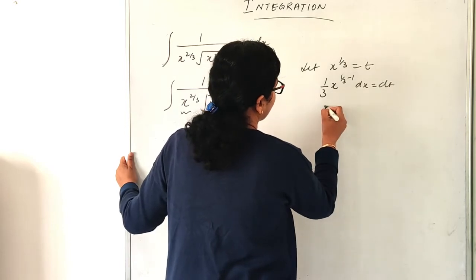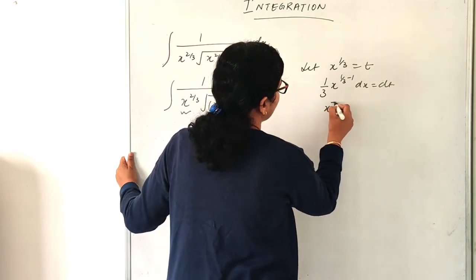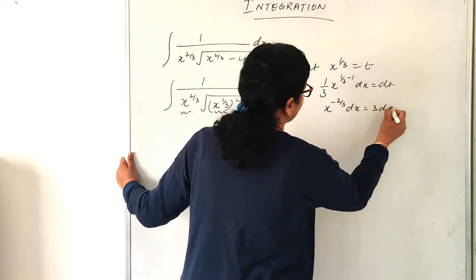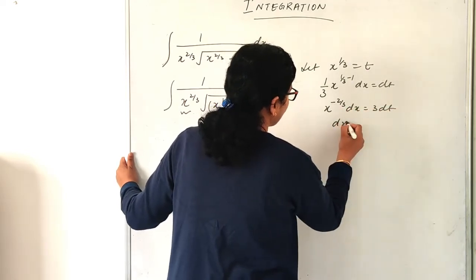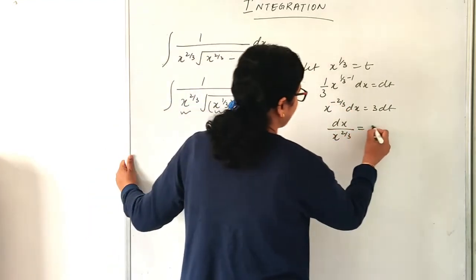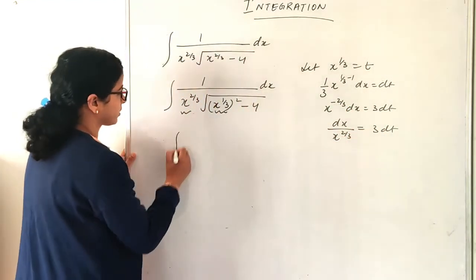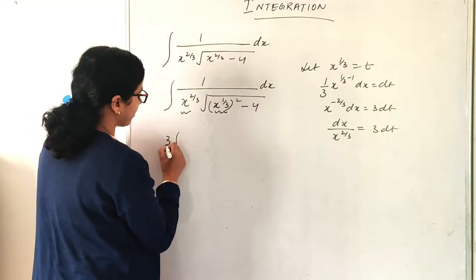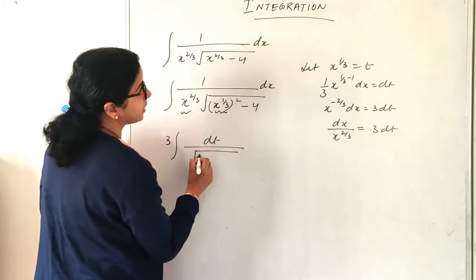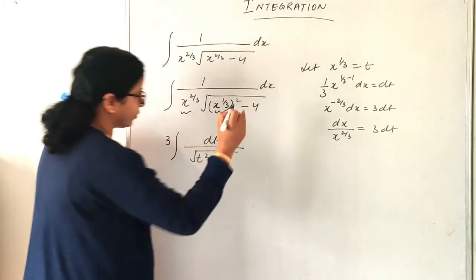So I am getting x to the power minus 2 by 3 dx is equal to 3 dt. It is nothing but dx upon x to the power 2 by 3. Negative power means it will come down, right? Let us substitute. So what am I getting? 3 I can write outside, dt by root t square minus 4.